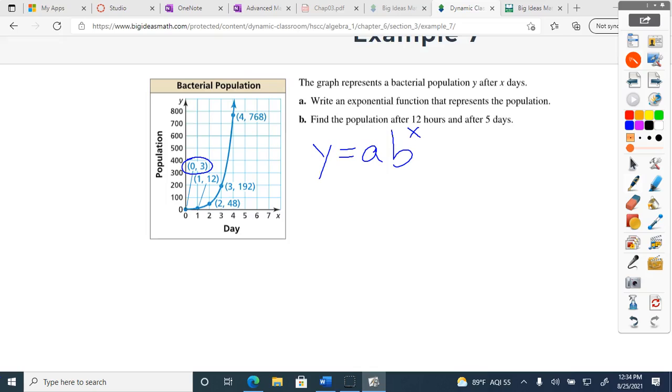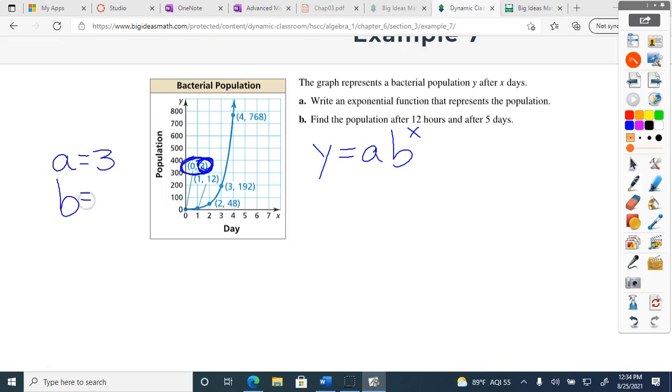So what would our a be? If x is 0, we got (0, 3). What's our a got to be? 3. Right here. That's your initial amount.